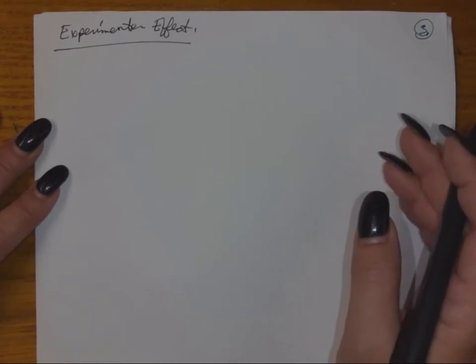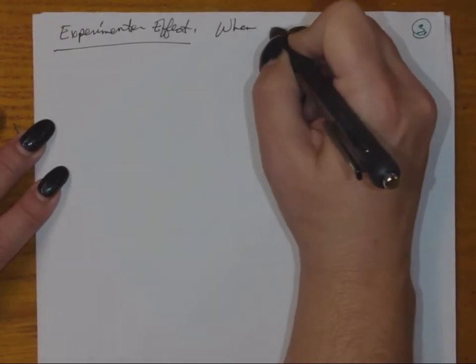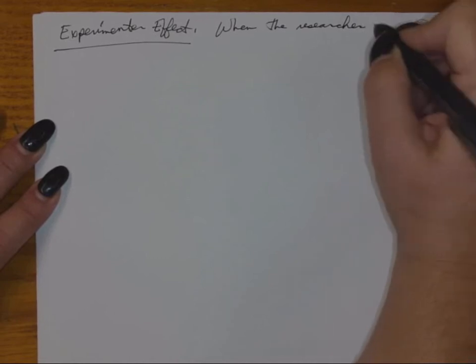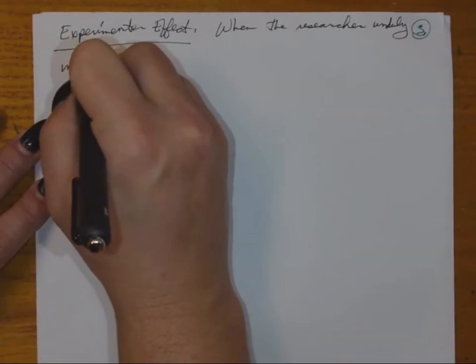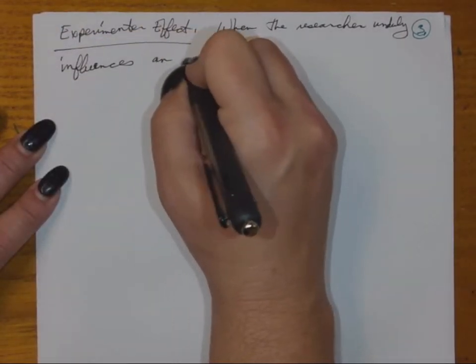Okay, so this is when the researcher unduly influences an outcome in a study.